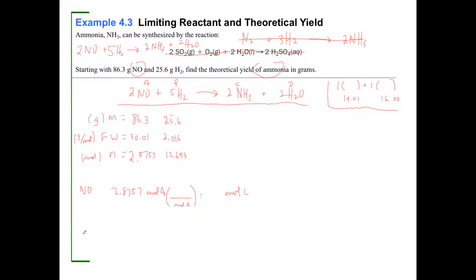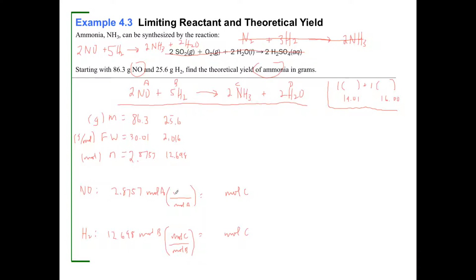Now suppose I consider my hydrogen. If I have 12.698 moles of B, moles of B is equal to moles of C. Can you see I've got my molar ratio here?